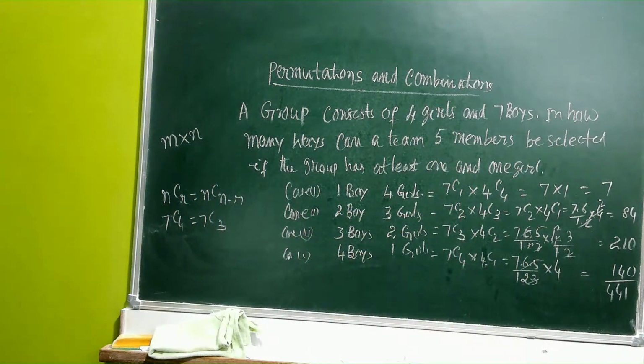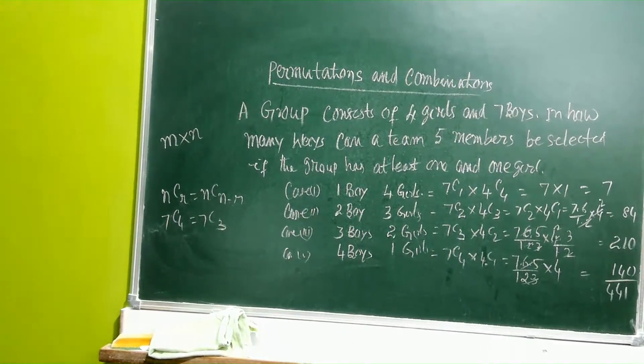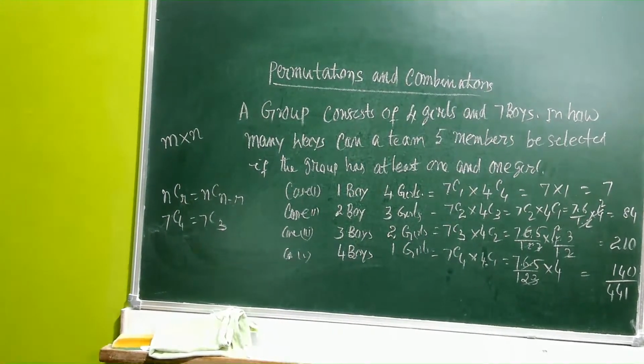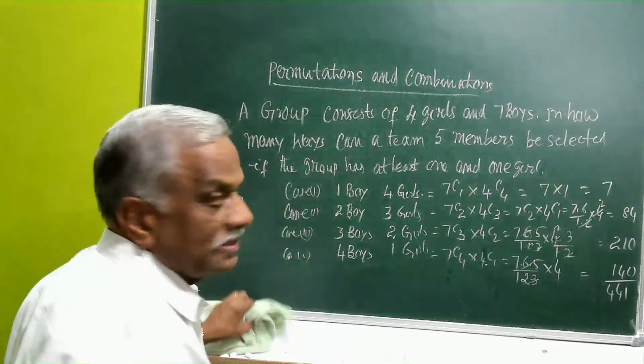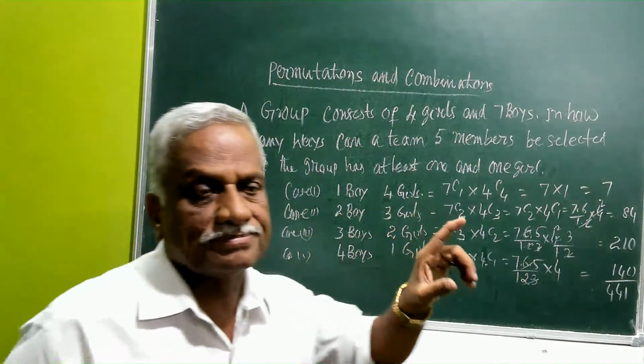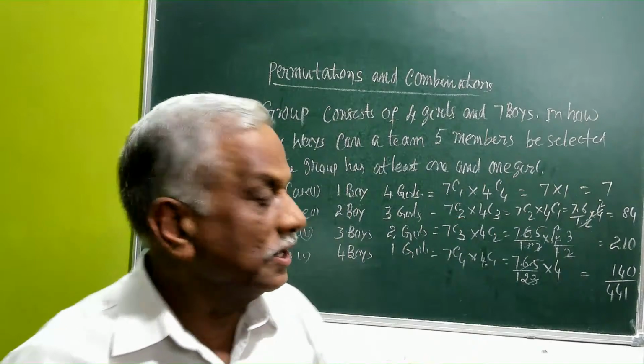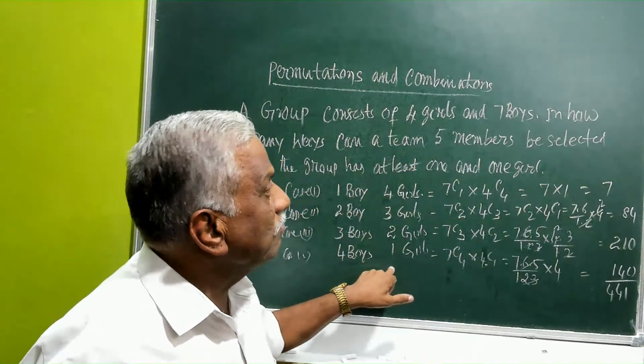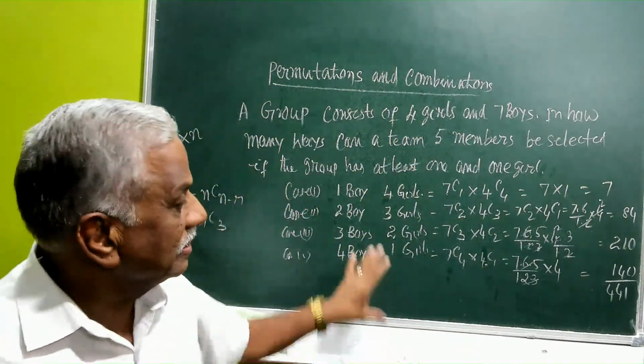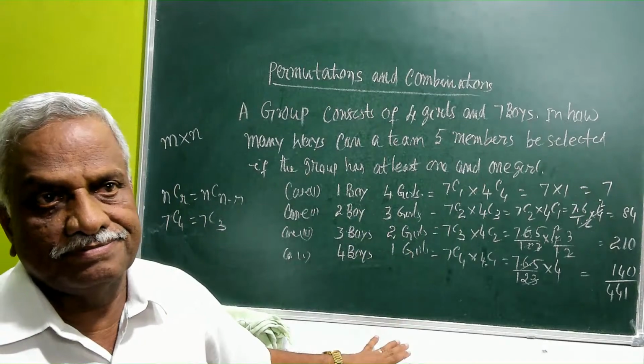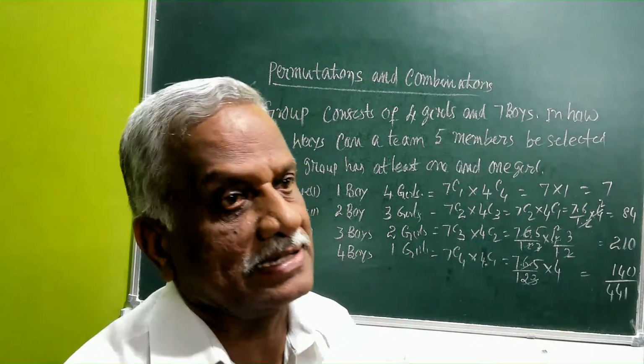Let us work one more similar problem so that you will have a better idea of problems like this. In how many ways? I think I am clear here. They say at least one boy. You cannot select all the 5 boys because there must be one girl. So there is no other possibility. So these possibilities you should discuss.